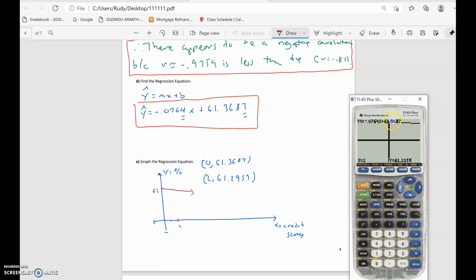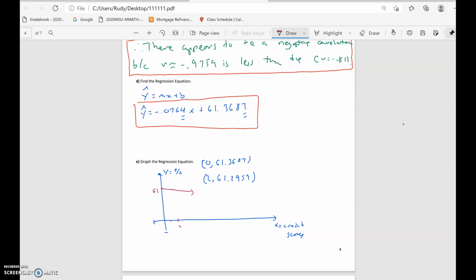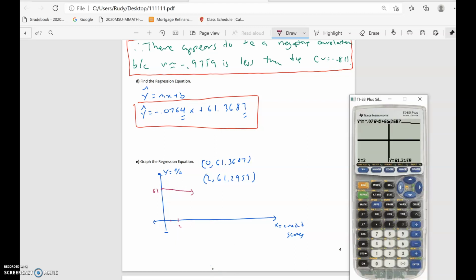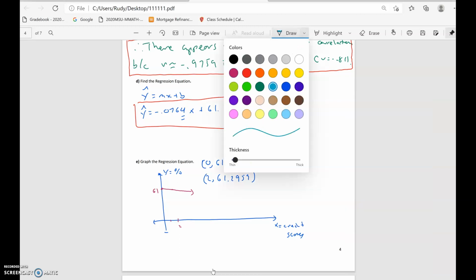In this case, you can see that it's going down. Because of the negative, your line is going down. And then we don't include any values on the negative side, because technically the minimum that your x's could be is 0. So you're just providing 2 coordinate points, and then that's it.